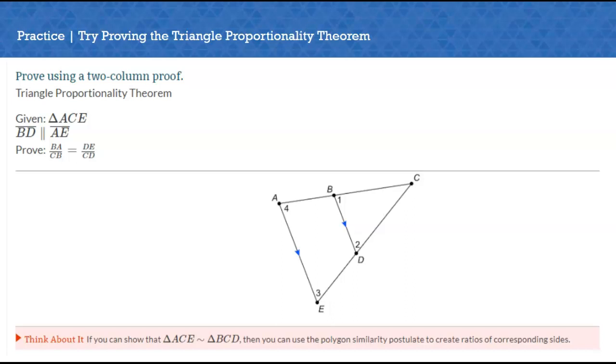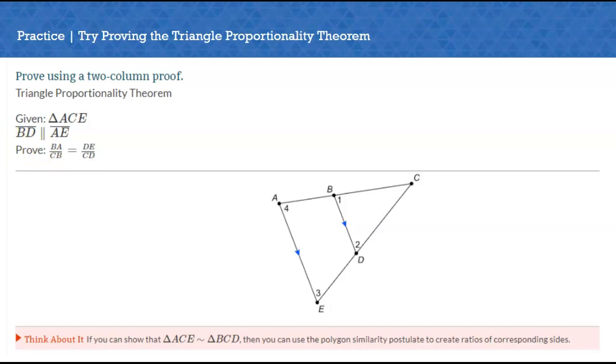In this one, we're given triangle ACE, and that BD is parallel to AE. We need to prove that BA divided by CB is proportional to DE divided by CD.